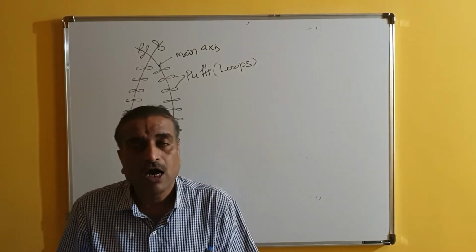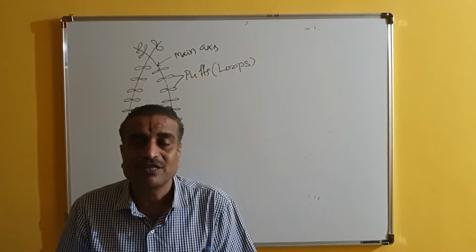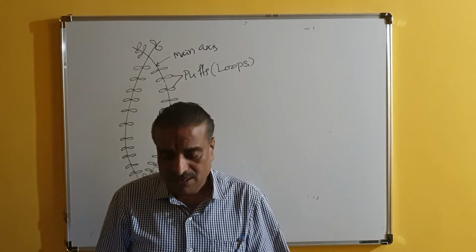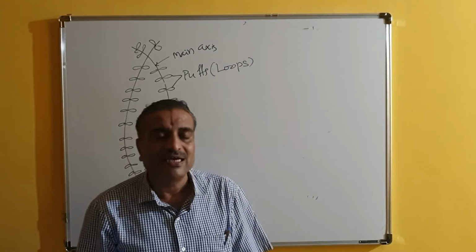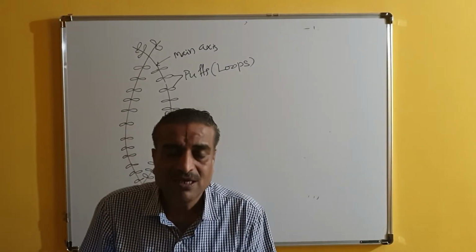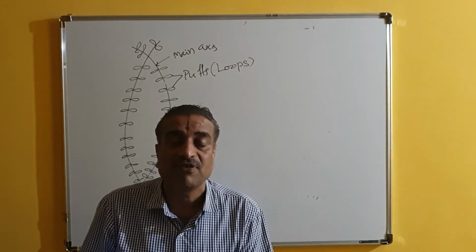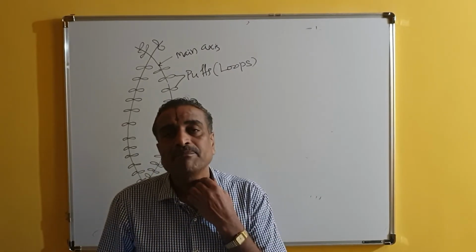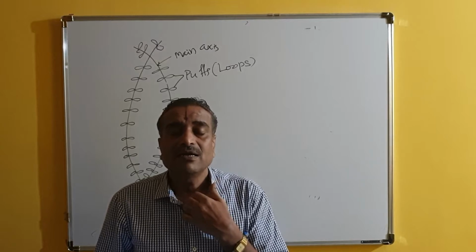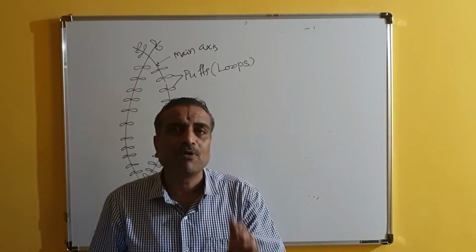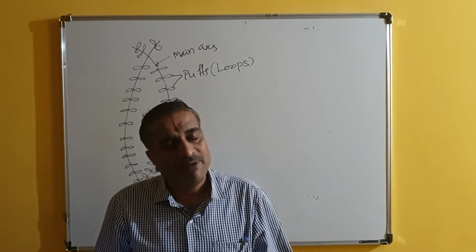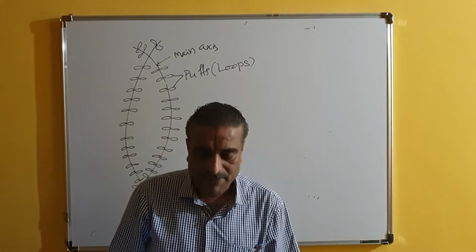Sometimes you can observe them with the naked eye without a microscope. These are found in the oocytes of reptiles and amphibians, and they appear like this only during the diplotene of prophase 1 of meiosis 1.